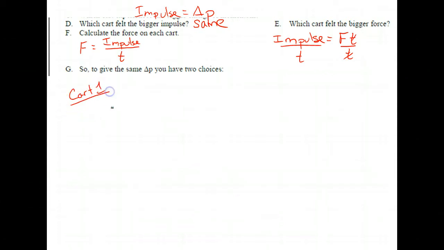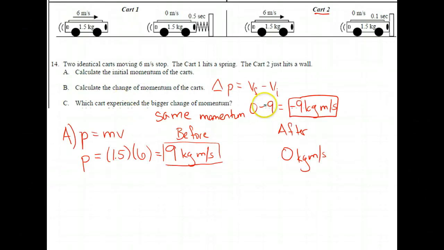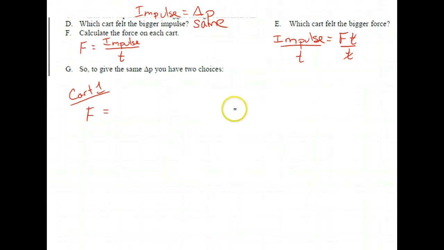So here we have cart 1, and we know the impulse. What was the impulse for cart 1? It was negative 9 kilogram meters per second. Okay.